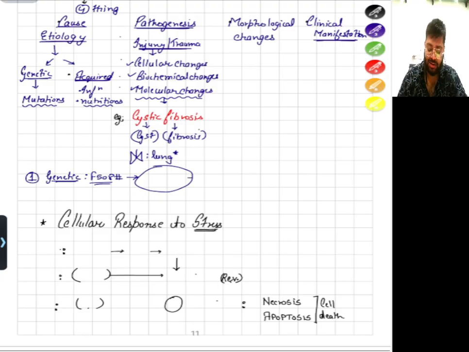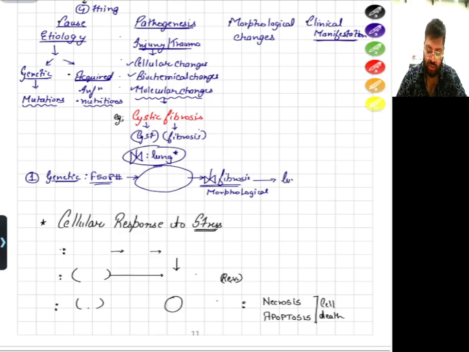Then what will happen? The lung will undergo fibrosis. And if I take out the lung and see it, that will be its morphological change. That would be the third heading, morphological. And what will be the clinical manifestation? The fourth step is clinical manifestation. The lung will be damaged.